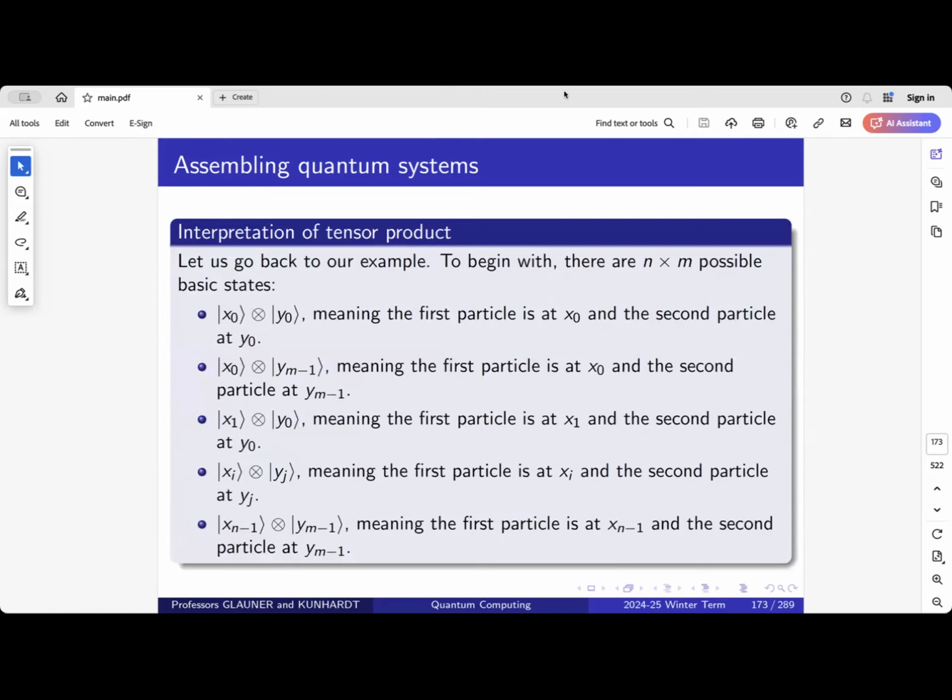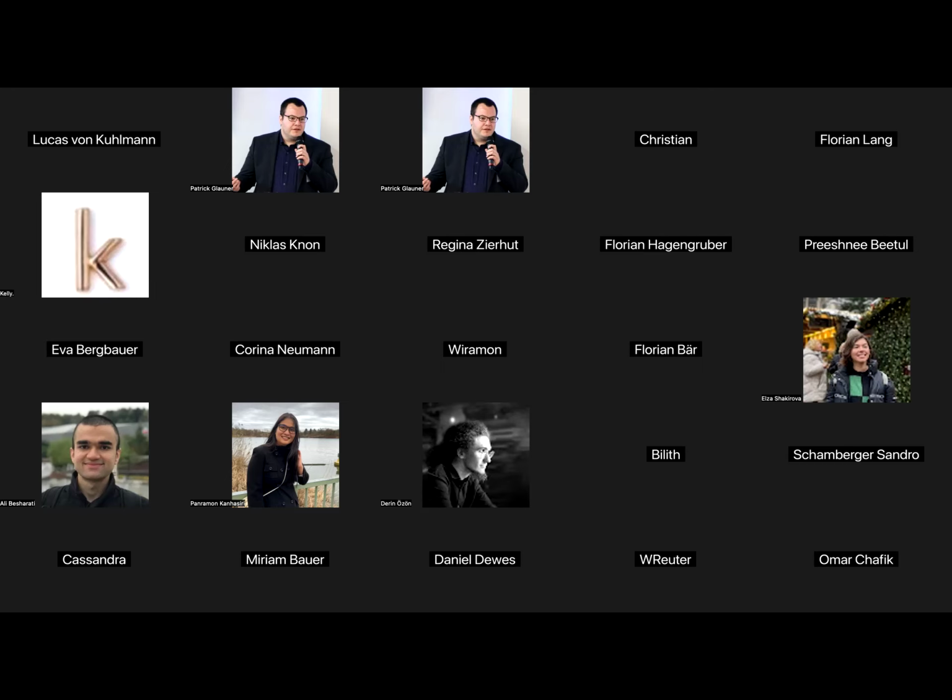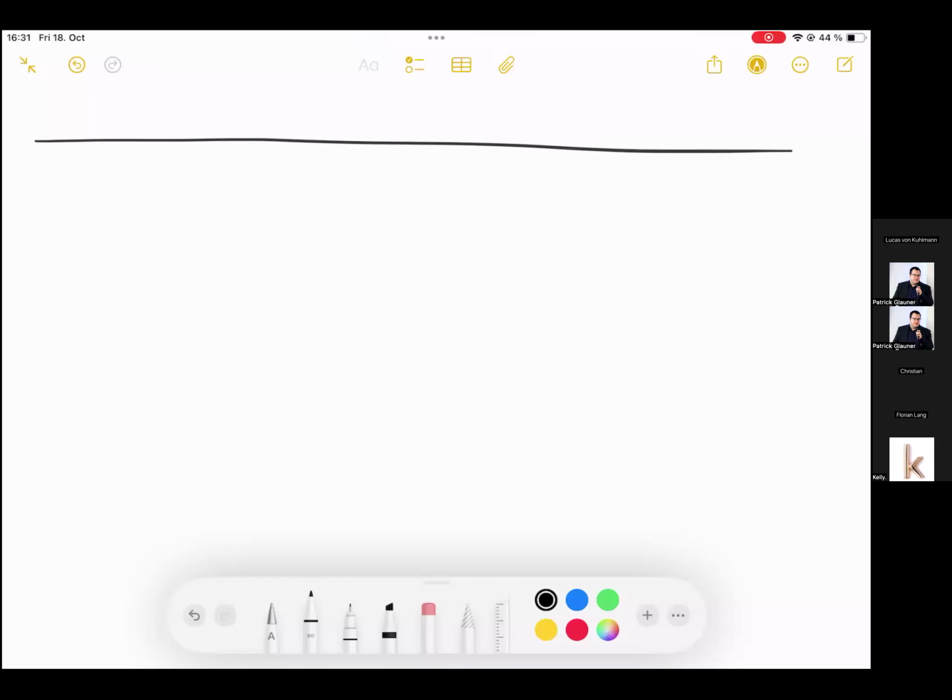We will look at that from a slightly more generic perspective now, because before we've simply used the tensor product to build this. Say we have system 1 with n basic states, and system 2 with m basic states.